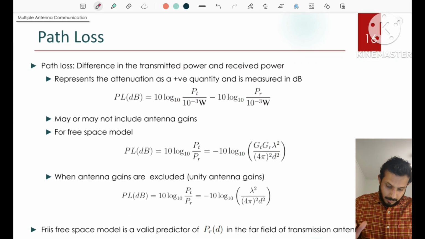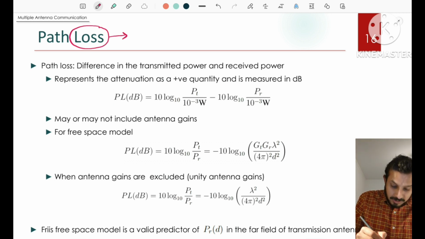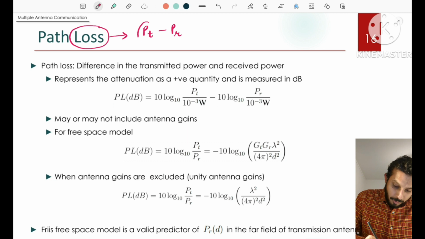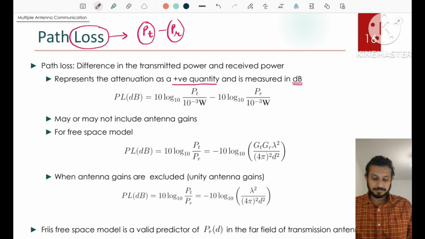So next is path loss. This is the difference between the transmit power and the received power. And since transmit power is always greater than the received power, this is a positive quantity and this is usually measured in dB.